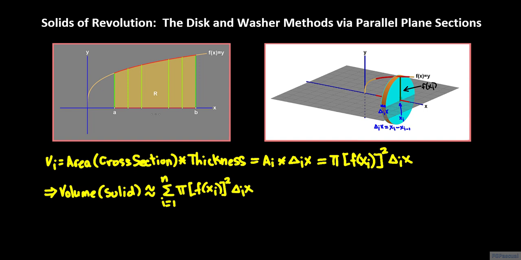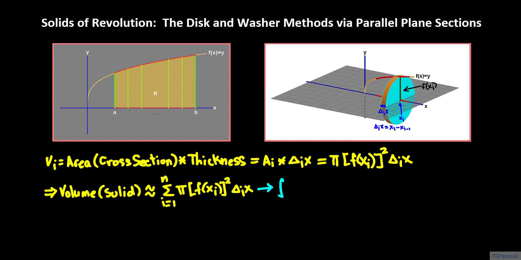We now have a Riemann sum for the volume of the solid of revolution. If f is continuous on the closed interval from a to b, and if the maximum thickness of all the sections tends to 0, this Riemann sum should tend to a definite integral.